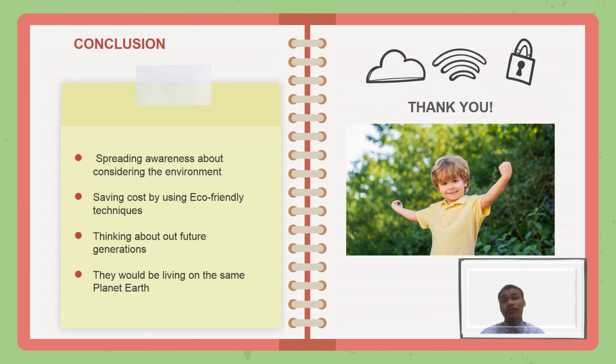In conclusion, for green logistics, awareness of the environment must be spread because green logistics can result in lowering the environmental impacts since the materials and components can be reused.